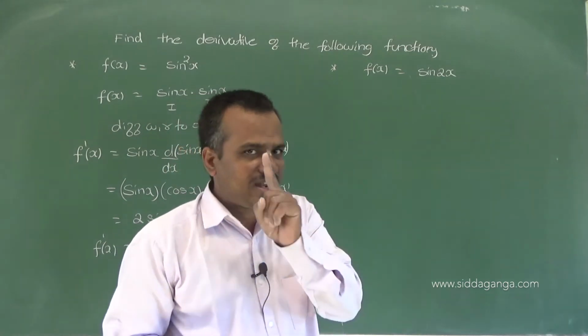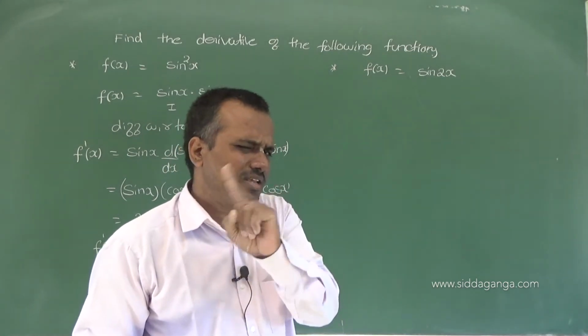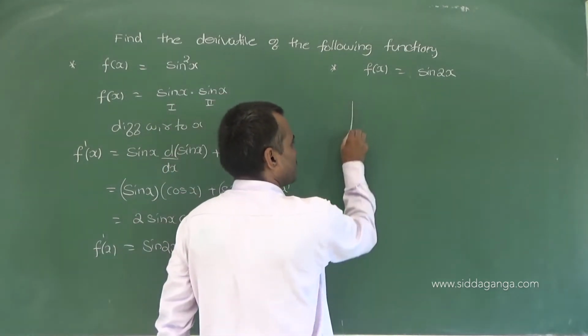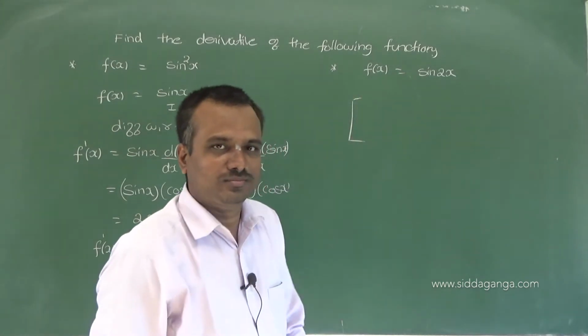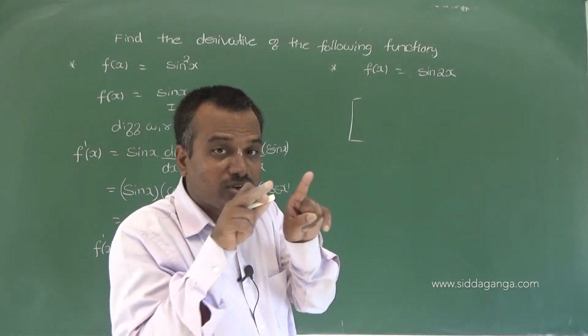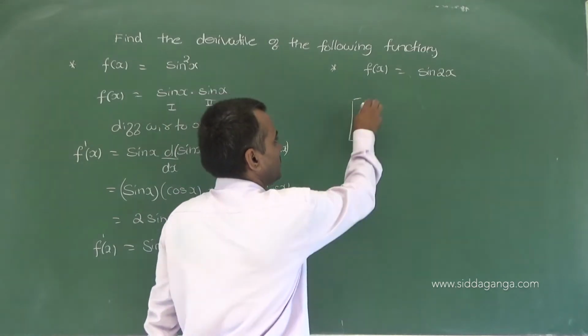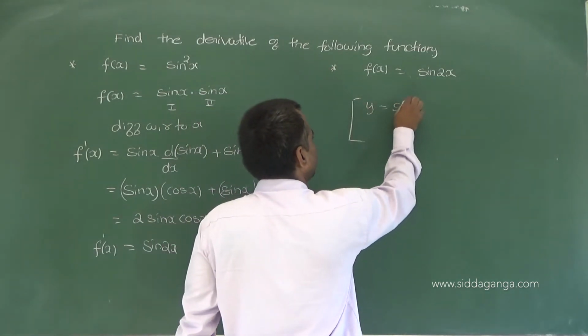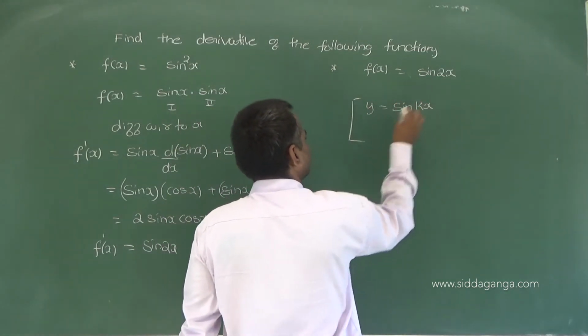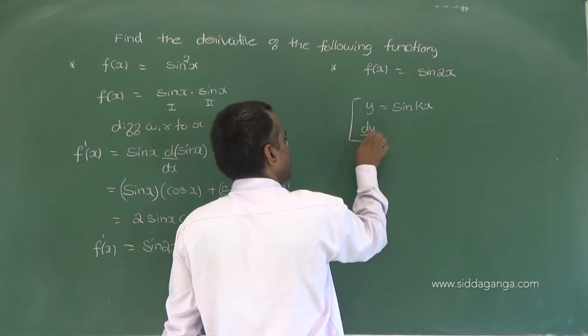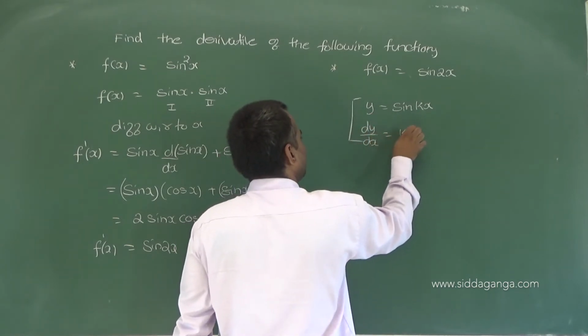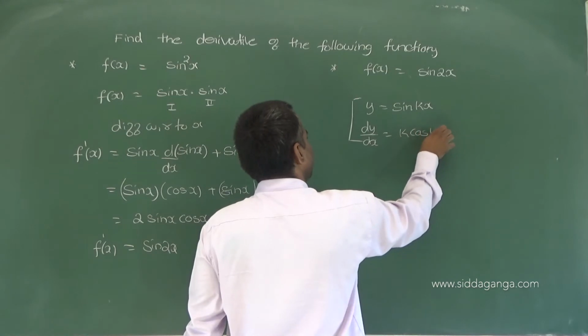Already I discussed the sin ax formula. I wrote the table for second PUC. In that, if y is equal to sin kx, dy by dx is k cos kx.